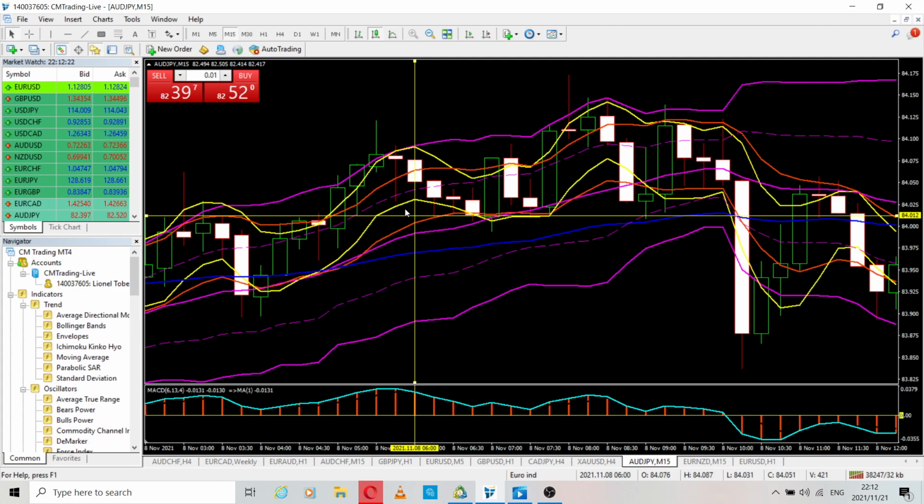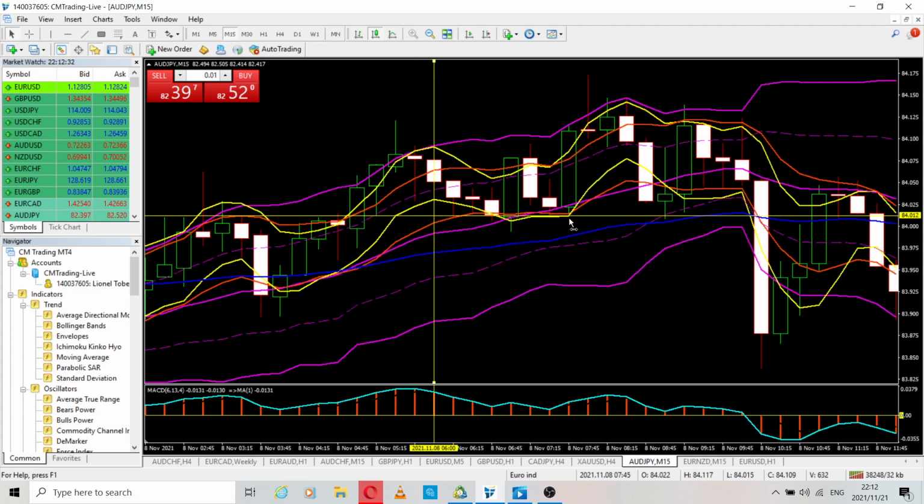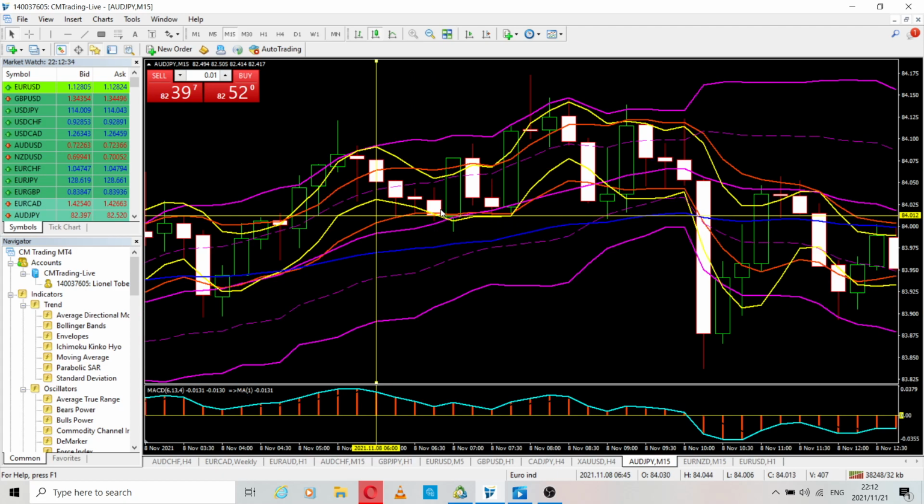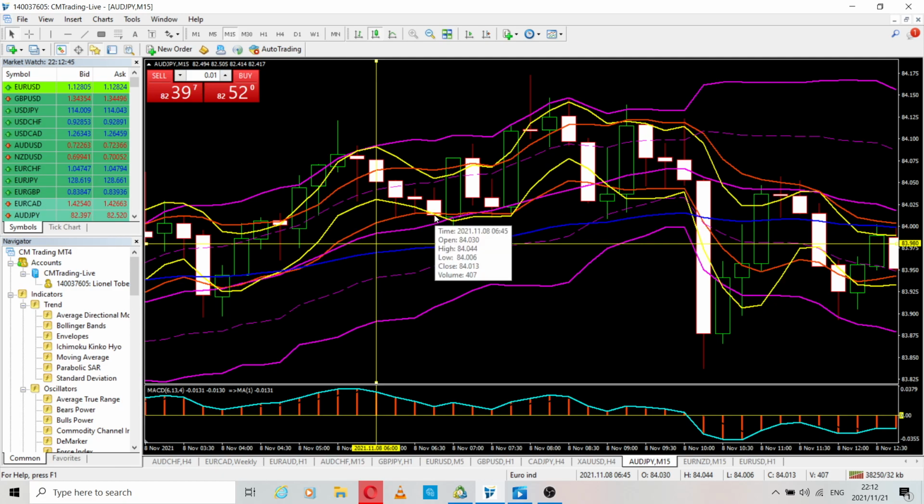So if you look, you will start counting from this one. 1, 2, 3. Then the fourth candle is this one. So when you see the fourth candle as this one here, as you can see, we have a CSD. This candle here closed below your low.